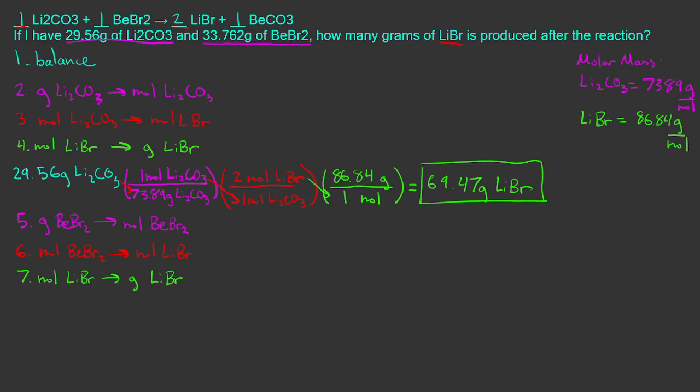In this step, we need to know the molar mass of BeBr2, which is 168.81 grams per mole. We use that for step 5. We start off with our given value, 33.762 grams of BeBr2, and we use the molar mass to go from grams to moles.